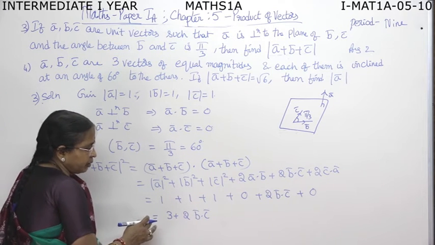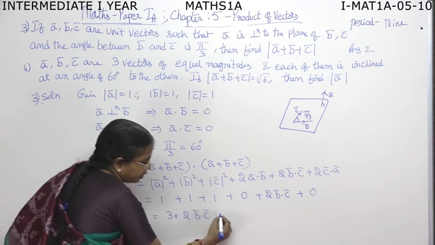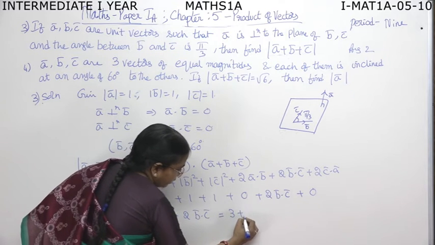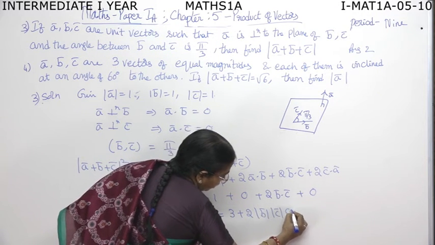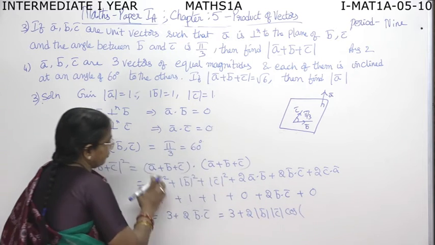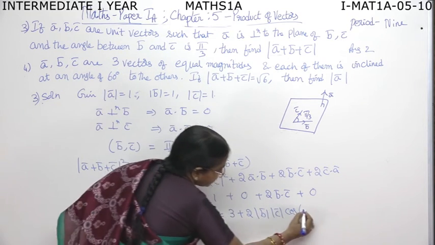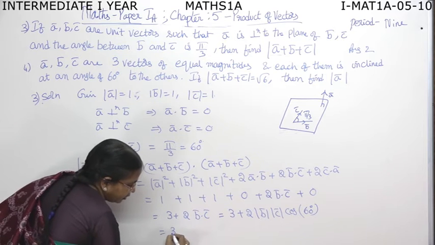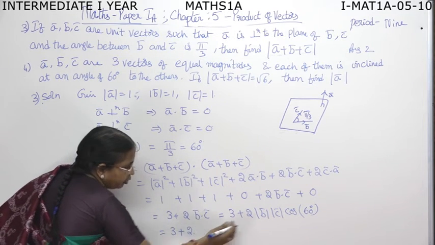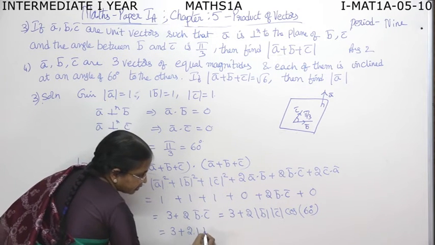Now we'll write the formula for B dot C because we don't know its value. So 3 plus 2 into mod B into mod C into cos of the angle between B and C. What is the angle between B and C? 60 degrees. So now just substitute the values and simplify, and you will get the answer. So 3 plus 2 into mod B is 1, mod C is also 1.